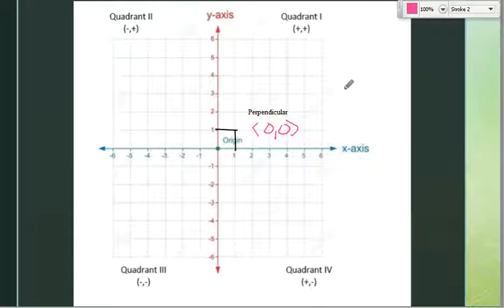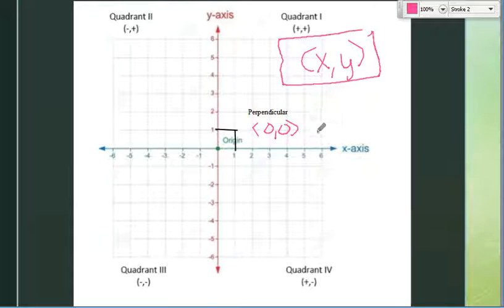And in order to do that, we use what is called ordered pairs. Ordered pairs are listed x first and then the y. Okay? An ordered pair is basically the address of a point within the coordinate plane.